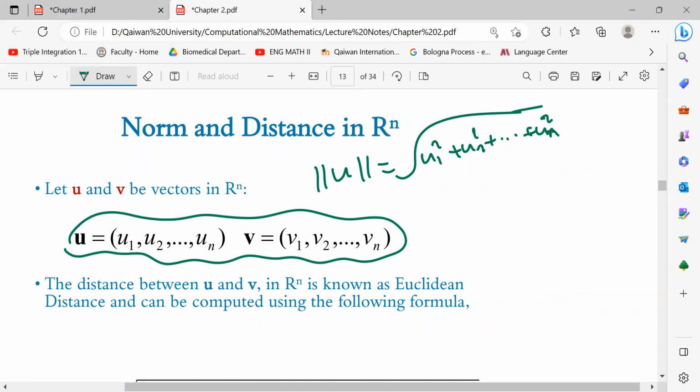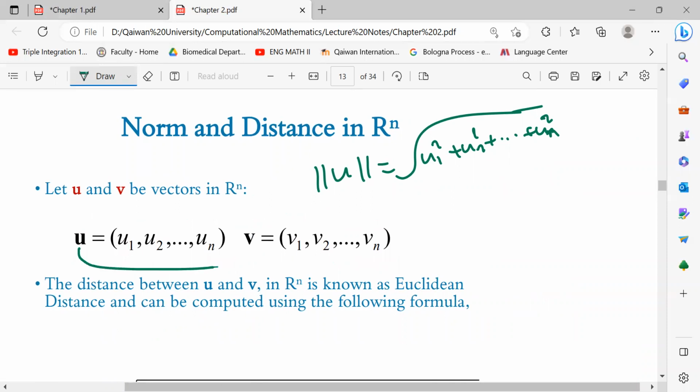Now, for two vectors, we have distance. The distance of two vectors u and v is denoted by d of u, v. It's also known as Euclidean distance.